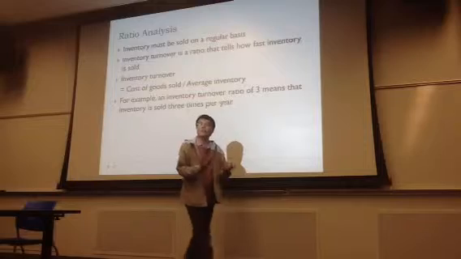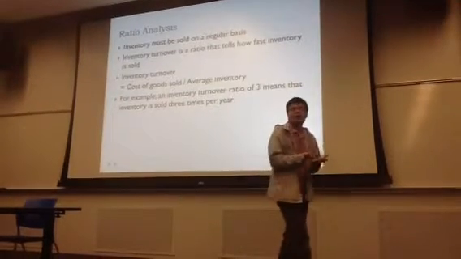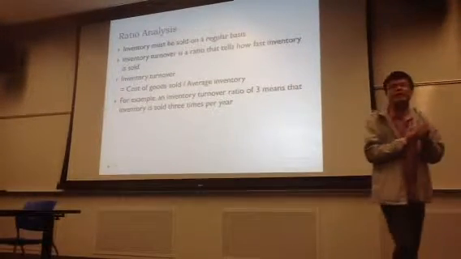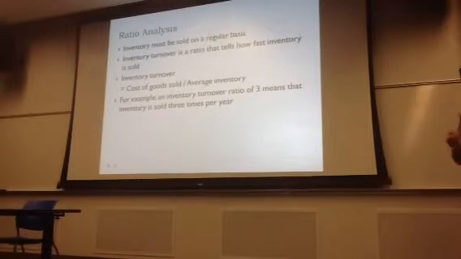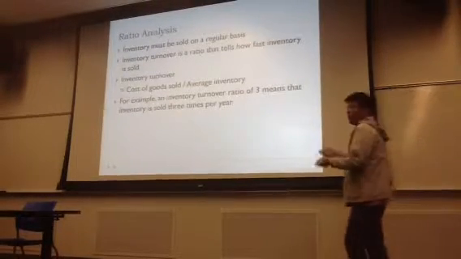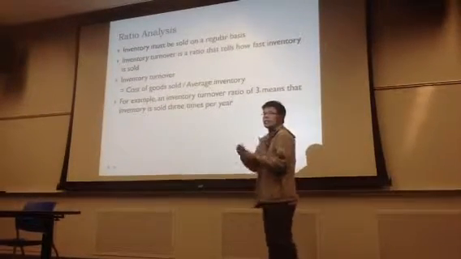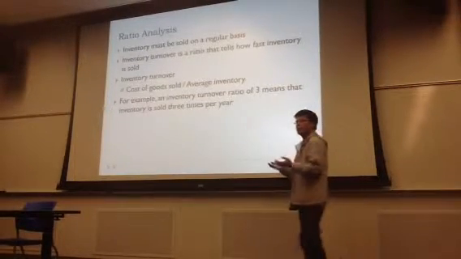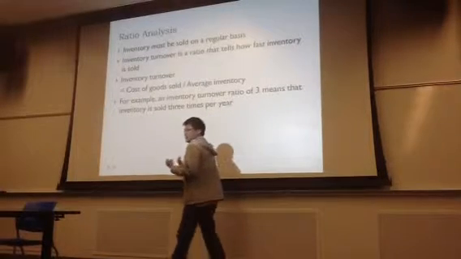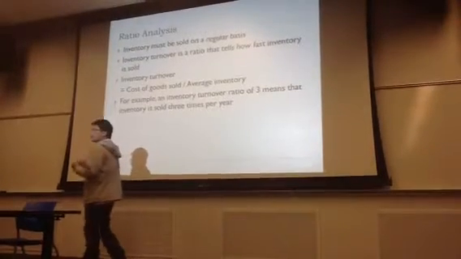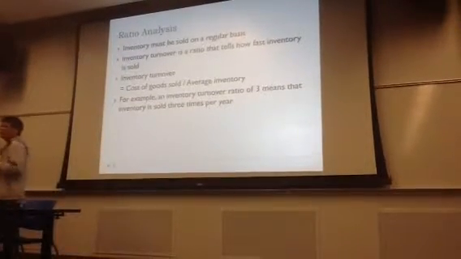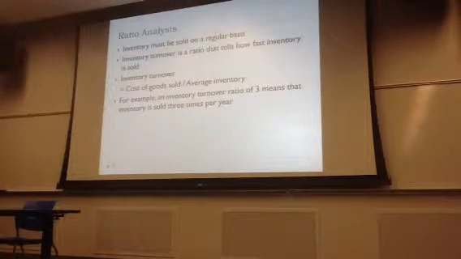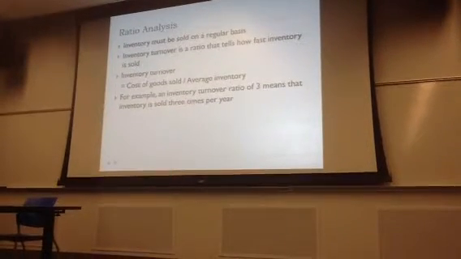That is a better number than 2 times per year, but a worse number than, say, 10 times per year. The higher the number, the better it is, but it's only a rough estimate. You really have to look into other ratios as well. Why is that the case? Even though a company is able to sell, for example, 10 times per year, it doesn't mean that it's a profitable company.